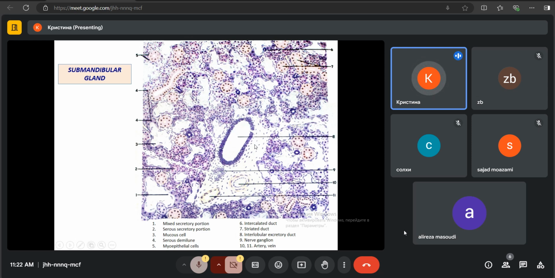Also, in this layer of loose connective tissue between the lobules, we would have large blood vessels, such as artery and the vein, and some elements of the nervous system for innervation of the gland. So here we have the neurons of the nerve ganglion. It's the intramural parasympathetic ganglion.